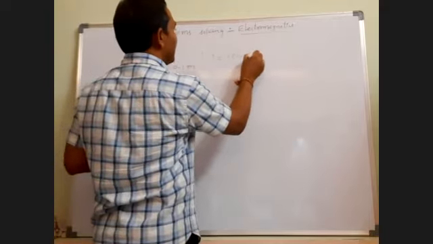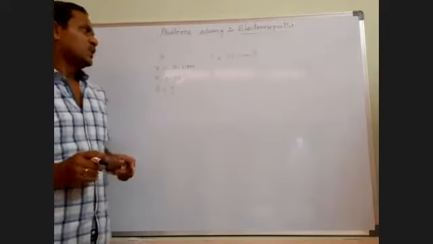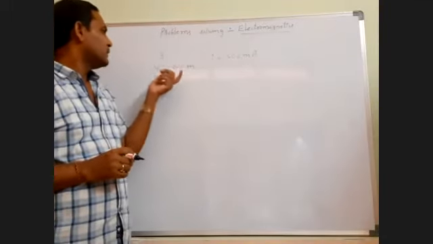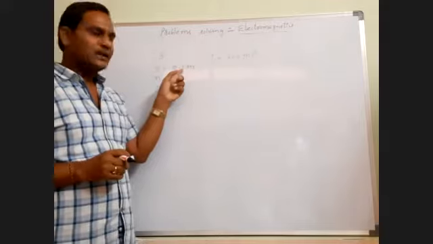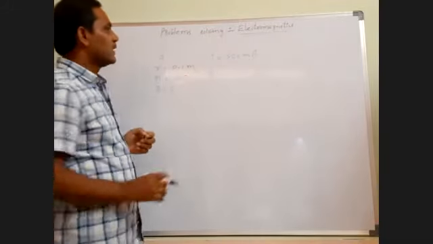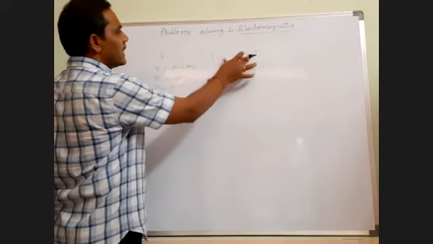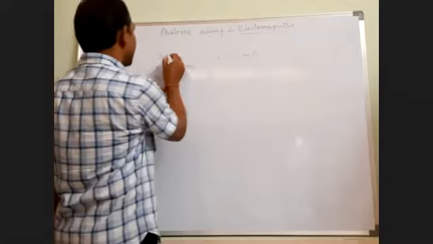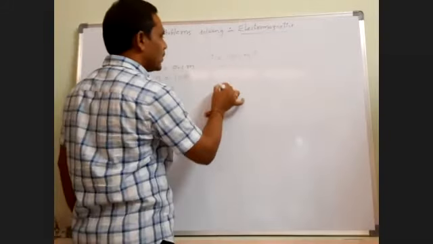Here the circular coil has radius 0.1 meter and a total of 100 turns. The current through the coil is 500 milliamps. Now we have to calculate the magnetic induction field at the center of the coil.